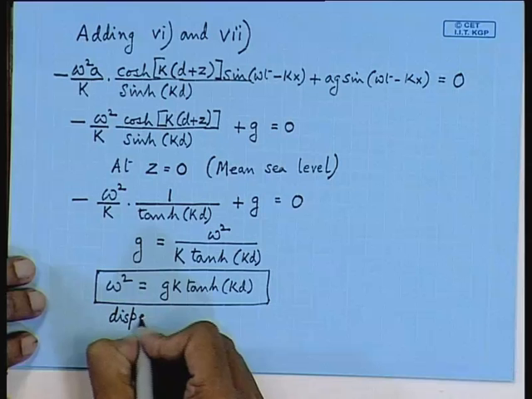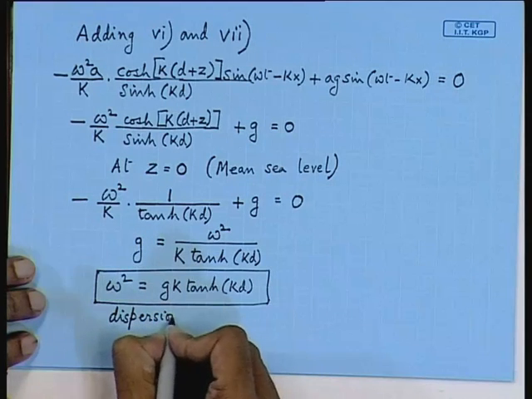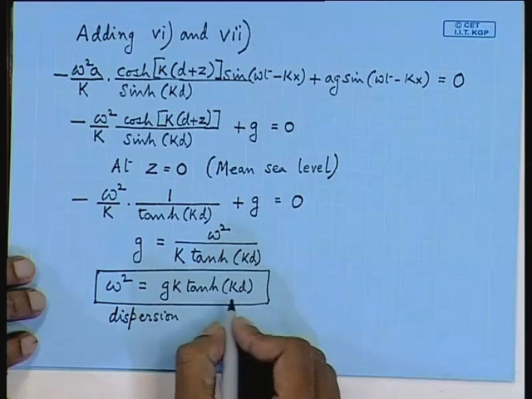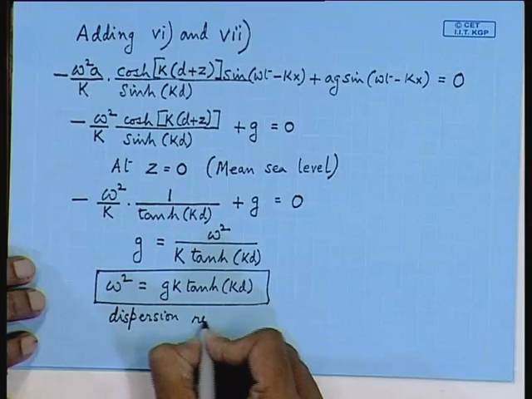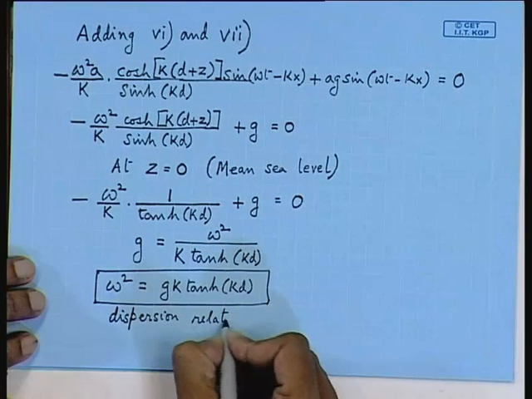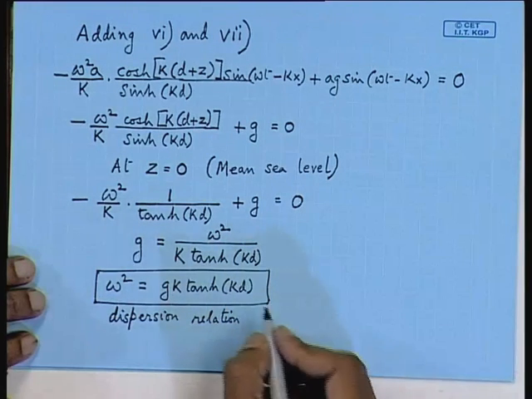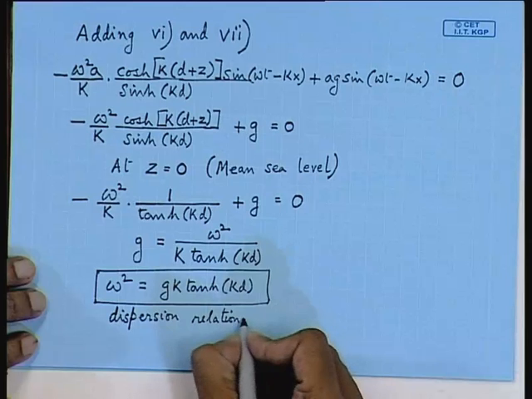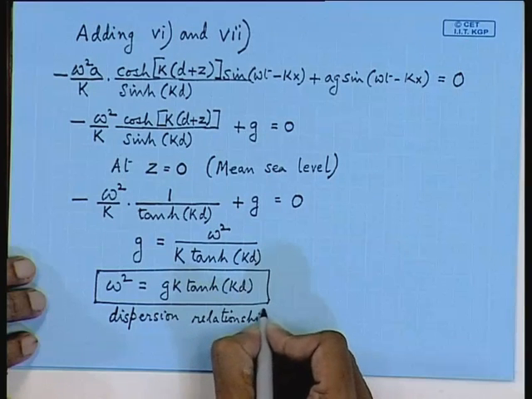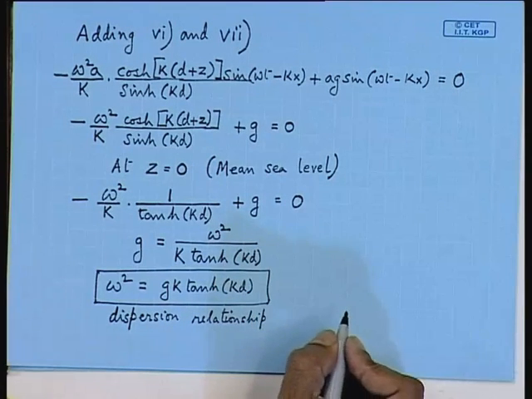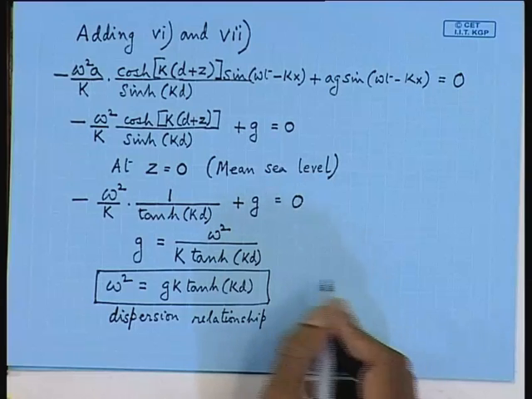Now in this dispersion relationship, there are two things which are important. Now I tell you that your omega square you have to calculate if you want to find out the difference in frequencies in the wave field.